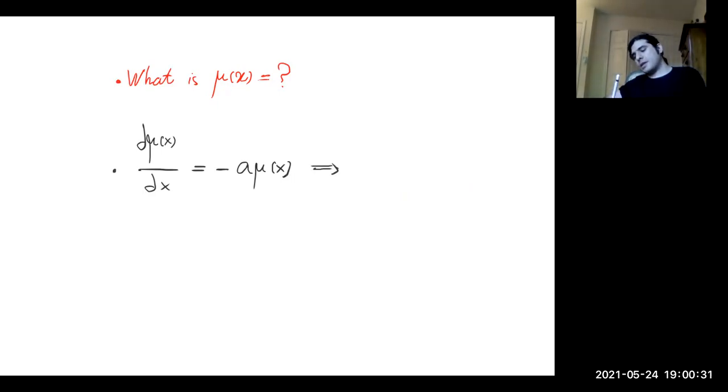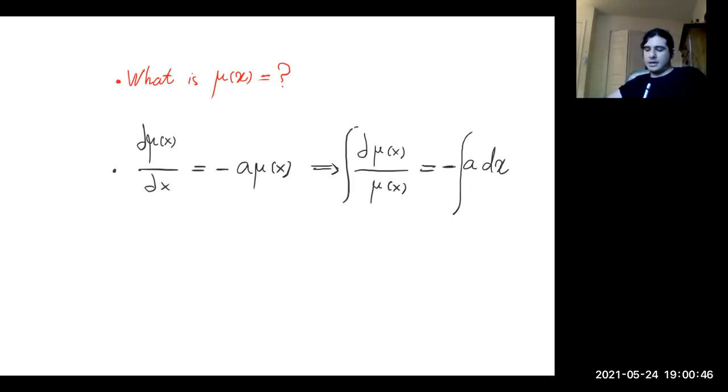We solve this by separating the variables. I can take mu to one side and x to the other side, and I can take the integral of both sides. So this is what we are going to have. The left-hand side would be ln of the absolute value of mu, and the right-hand side would be minus ax plus a constant.